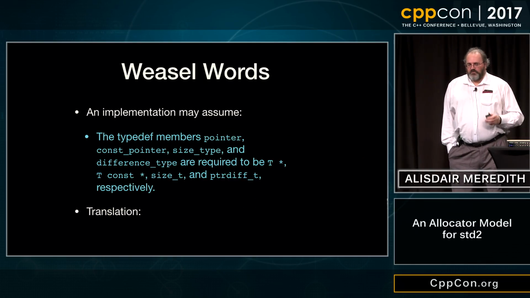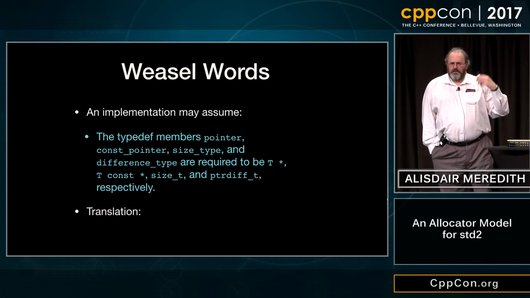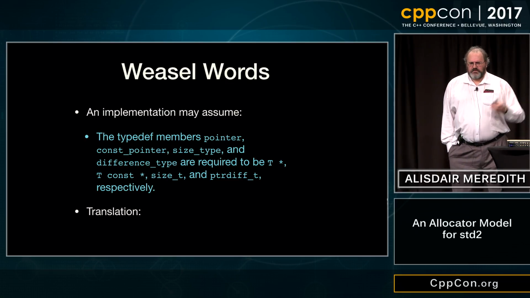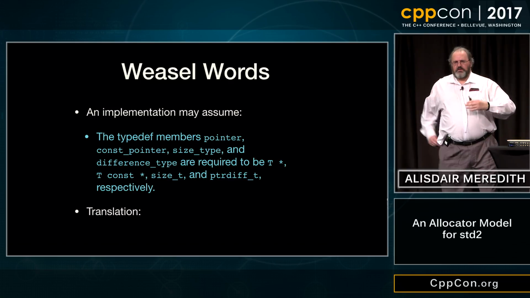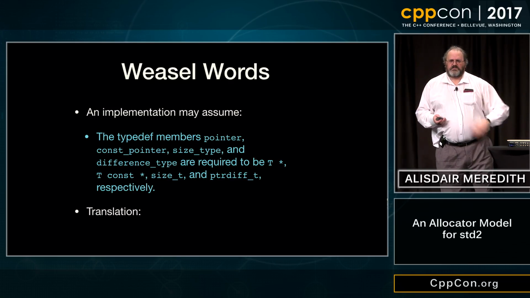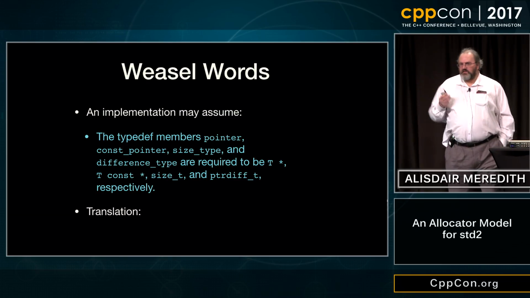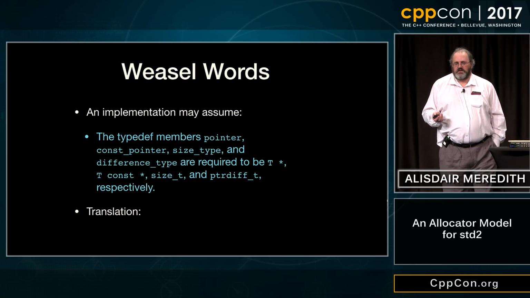The other part of the Weasel Words was we've got a bunch of typedefs in an allocator that say, this is the kind of pointer I use, this is how you measure the size of allocations and so forth. And the implementation was allowed to simply assume that these are always raw pointers.